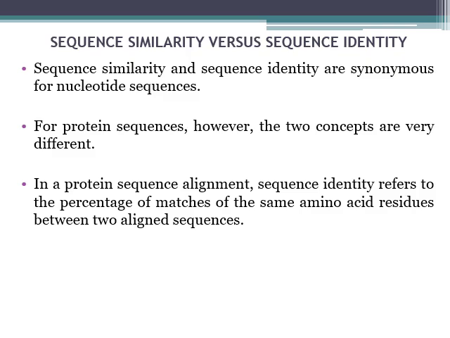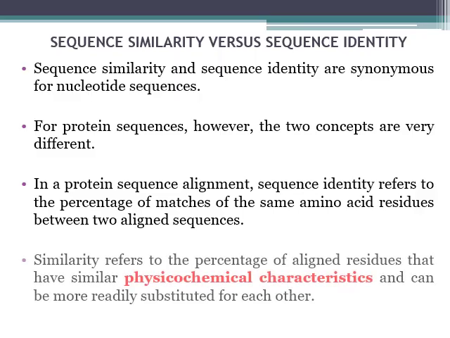Then we can say that these two residues are identical with each other. Similarity refers to the percentage of aligned residues that have similar physicochemical characteristics and can be more readily substituted for each other.